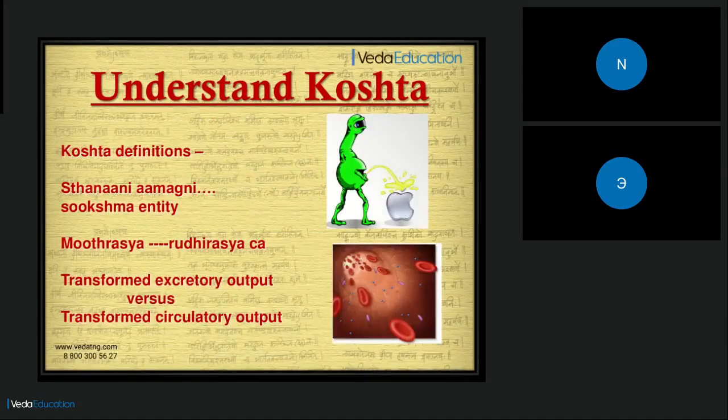And that is why, while defining kosta or the gut in the context of Samprapti, they told that every transformation will have different outputs. So we have transformed circulatory output, that is called dhatu, and we have transformed excretory output called mala.